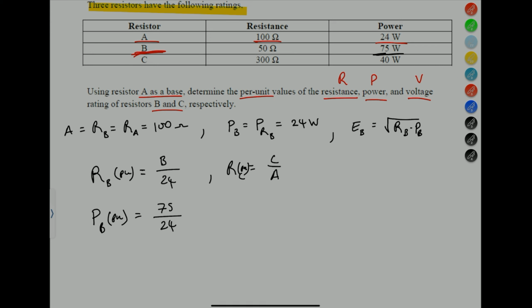So let's put 24 here. And for B, I think this was ohms. So that'd be 50, and this should be 100. And then for C, per unit is equal to, C is 40, and the base power is 24.